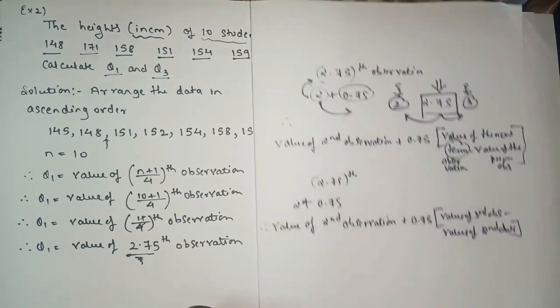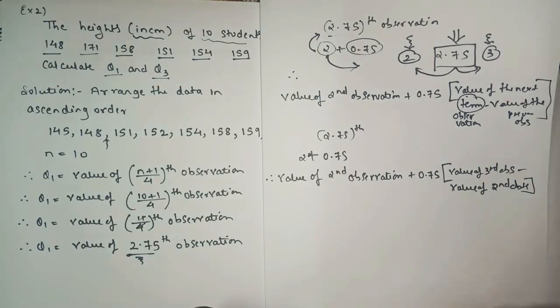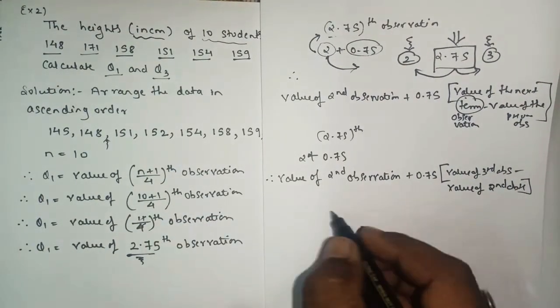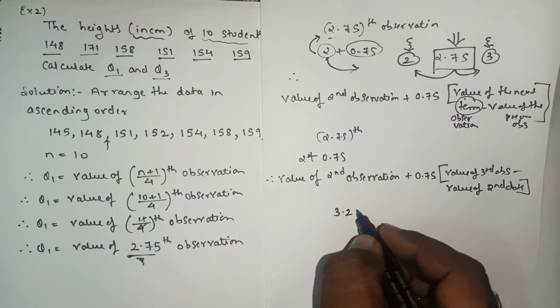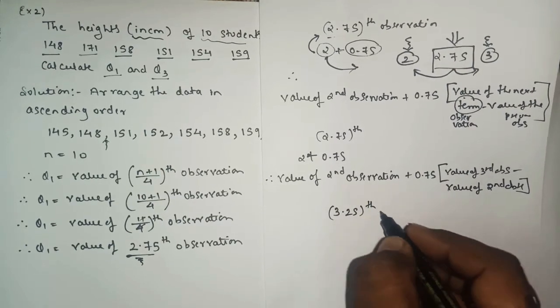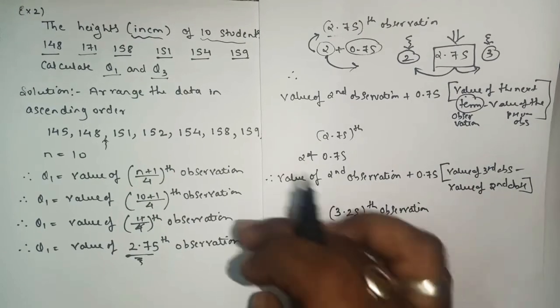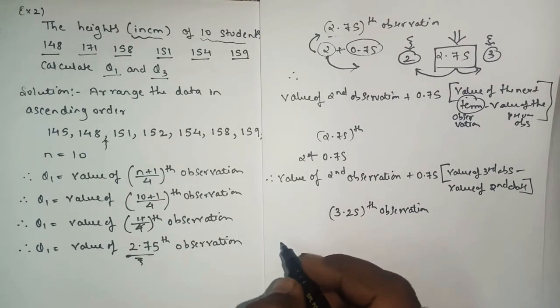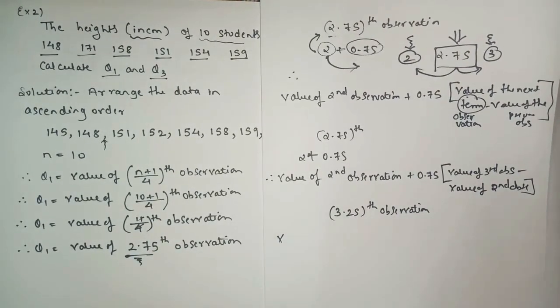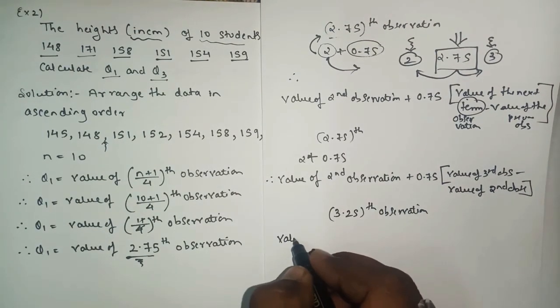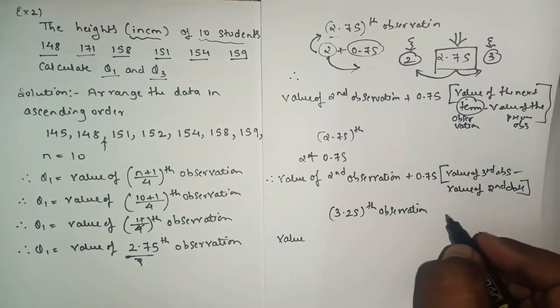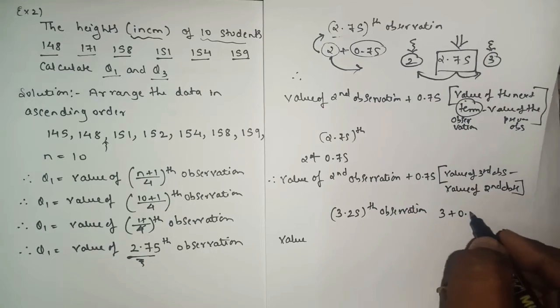Got the point? So once again we'll take one more example. Suppose here you got 3.25 observation. So now we'll see how to frame the formula. So here we'll write value. First we'll break this number as 3 plus 0.25, yes or no?